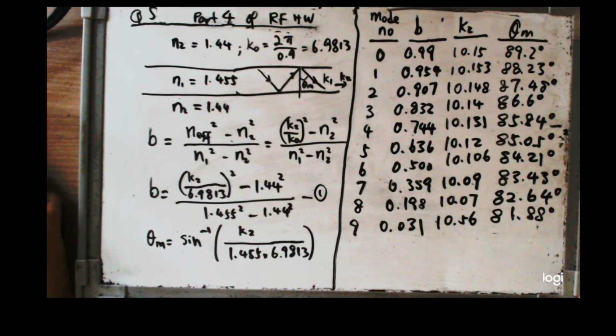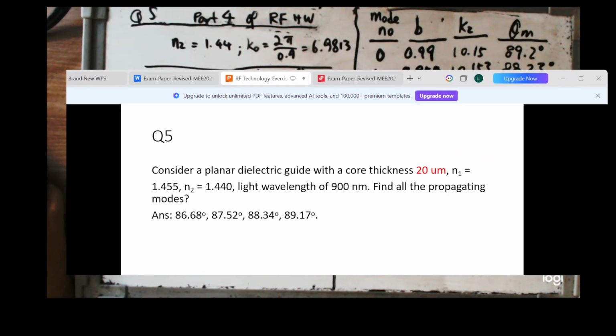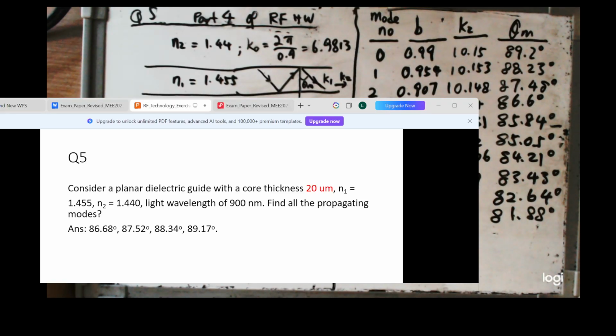The angle. So let me show you. I will show you the answer. So this is the answer. The answer only the last three value.